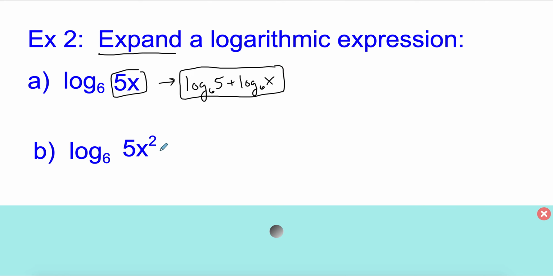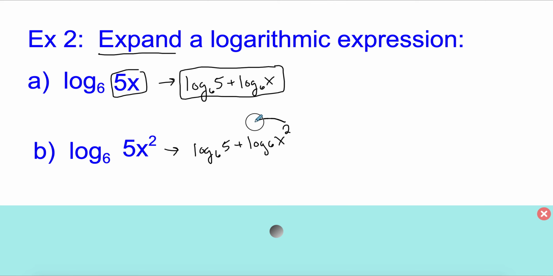All right, so this one, I'm going to do in 2 steps because we have multiplication again, but we also have that power rule up there. The first thing I want to do is split that apart: log base 6 of 5 plus log base 6 of x squared. And now when you expand, you can't have any exponents, and you can't have more than one thing inside of a log. I would need a number in a log, and x in a log, and that exponent gets taken care of when I split those apart.